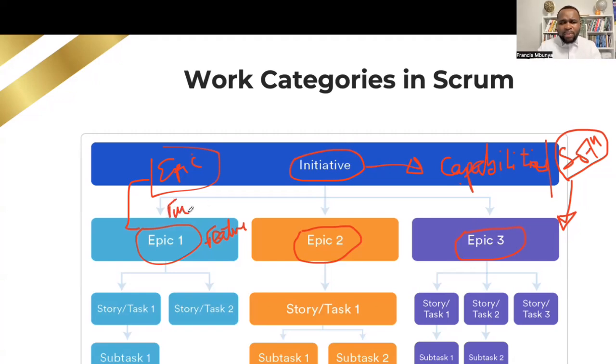The way they calculate the time for a full-time employee will be different from the way they calculate the time for contract employees. That's why you can have an initiative having different epics. Why? Because even when full-time employees have holiday time, they'll still be paid. But for contract workers, when you have holidays, they will not pay you. So the way this is classified is different from the way that is classified.